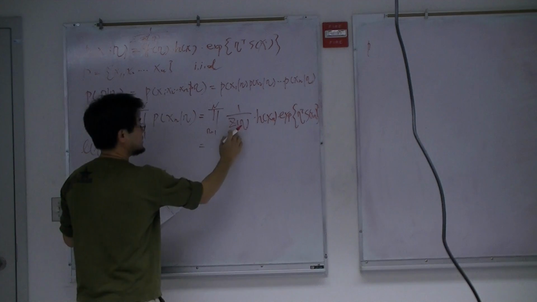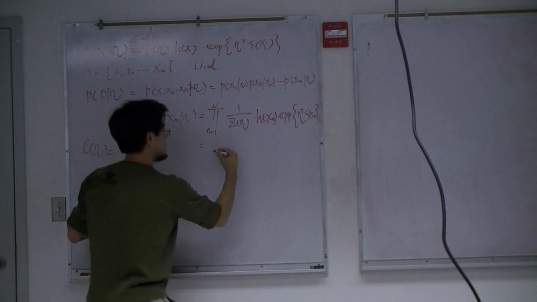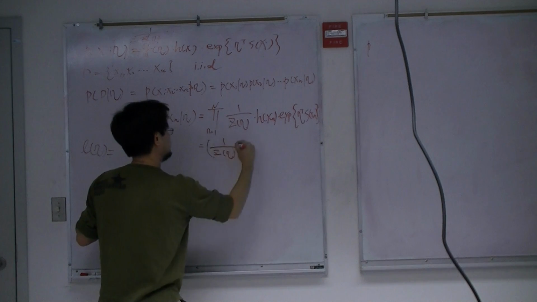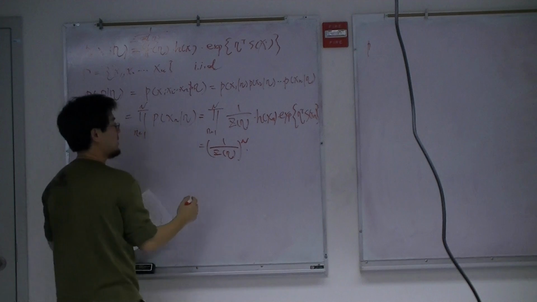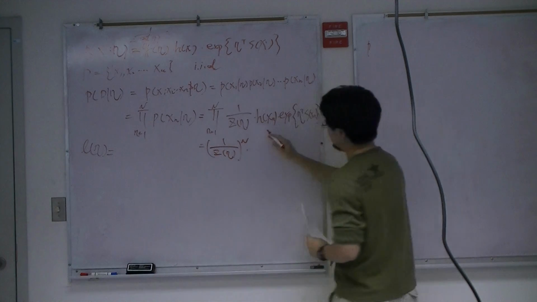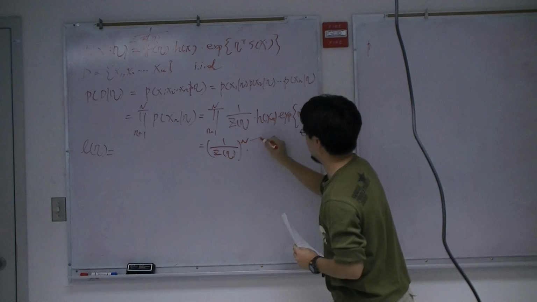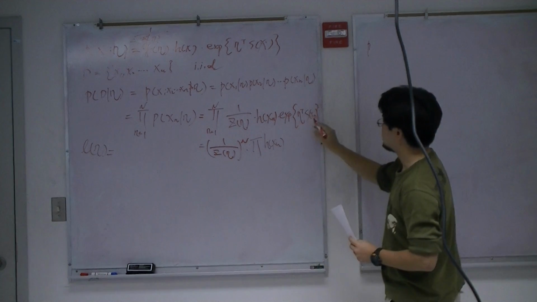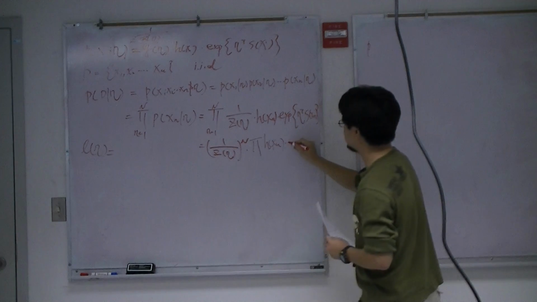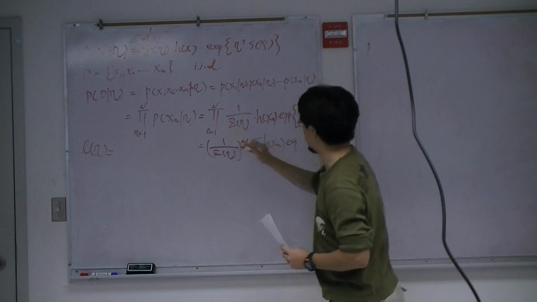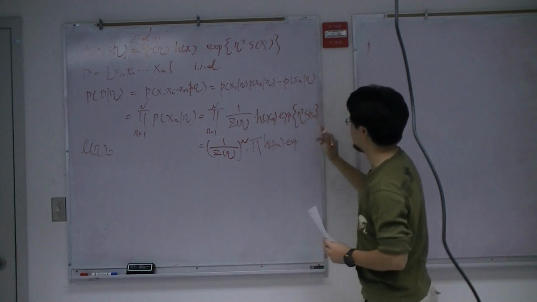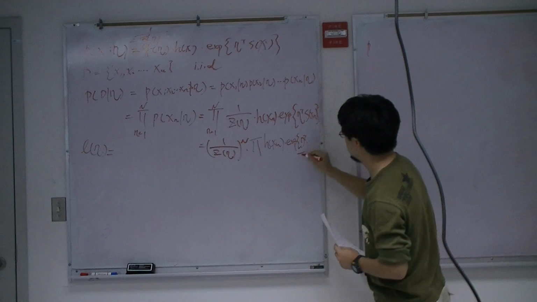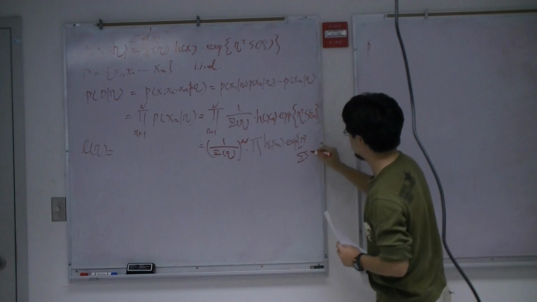Because this term does not depend on n, we can just write it as g of beta to the n. And this term, yes, it depends on x, so we write it like this. And times exp. Because of this multiplication, I can move it into here as a summation. So it's beta transpose times the summation of s(xn).